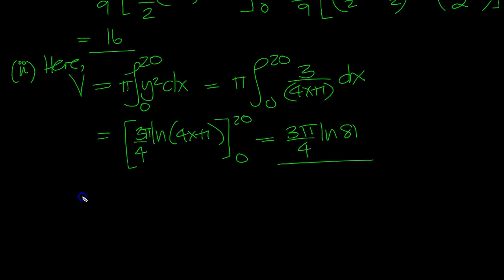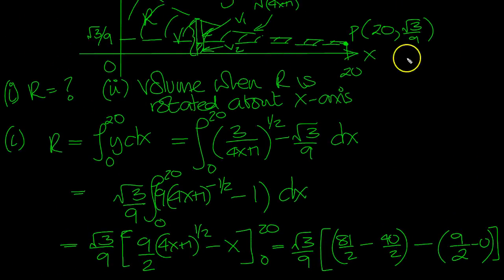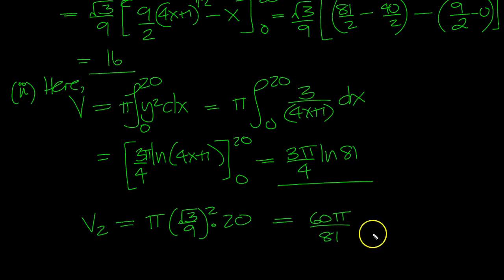Now we want volume V2. Pi r squared, the radius, pi r squared, root 3 over 9, times h is 20. So 3 over 81, 60 pi over 81. Divide by 3 is 20 pi over 27.